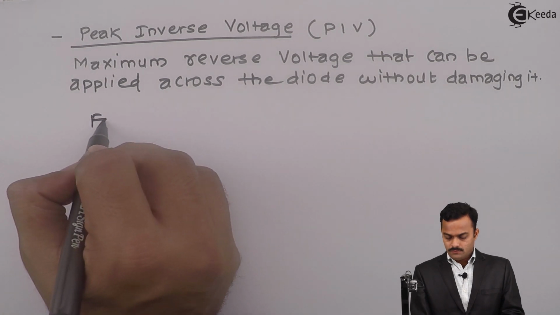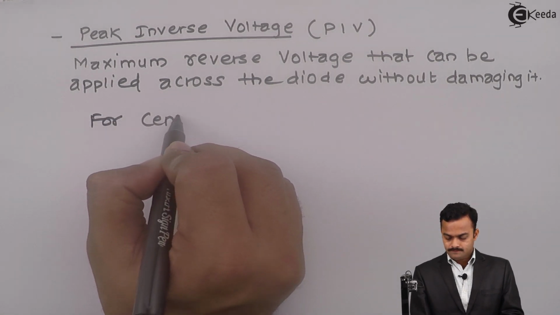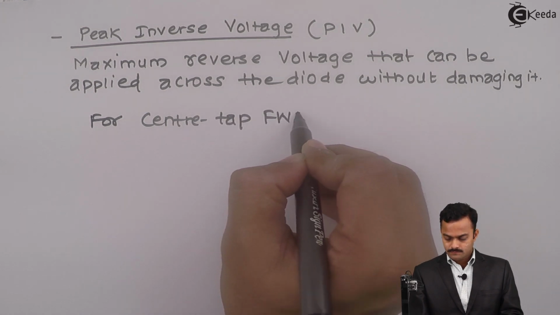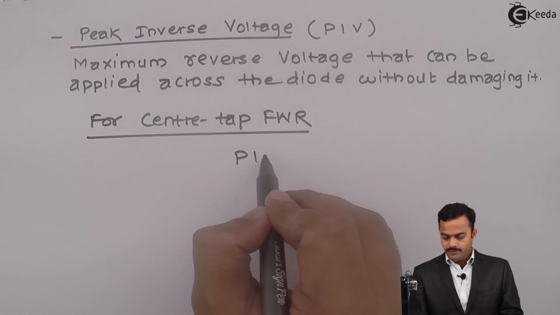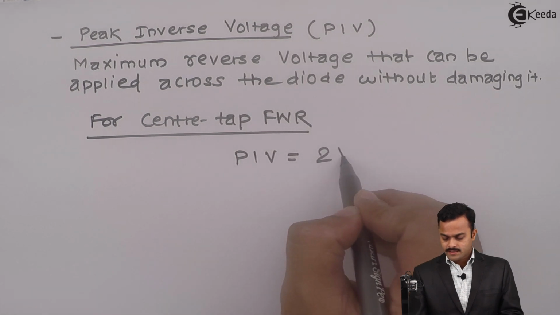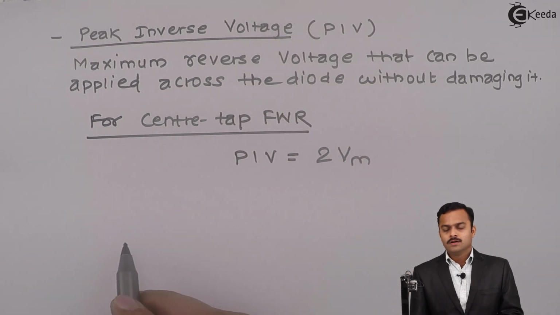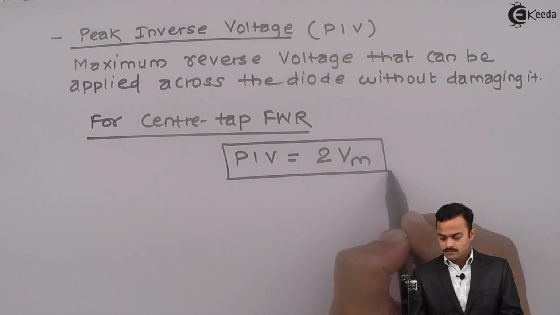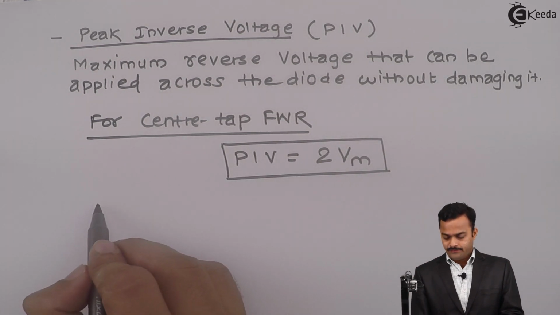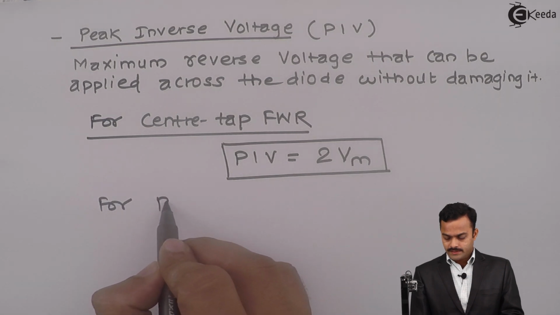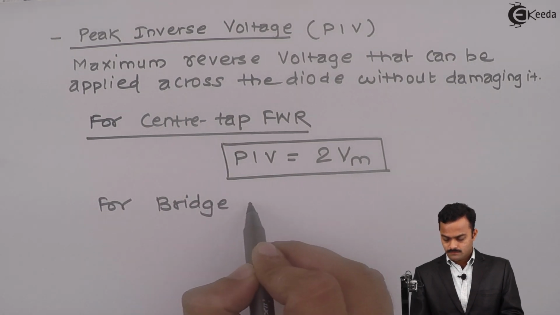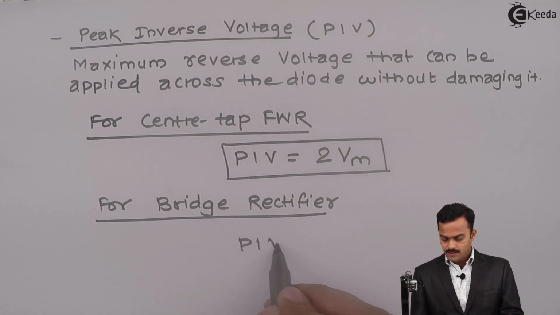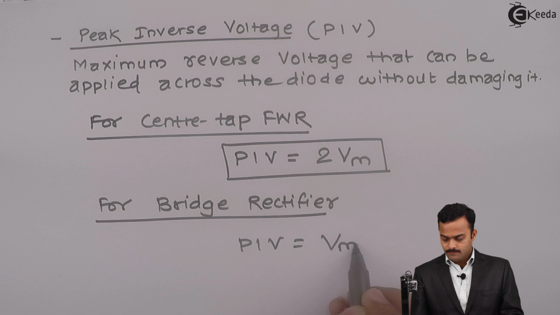So, for center tap full wave rectifier, PIV is twice Vm, 2 times the maximum voltage of the supply, and for bridge rectifier PIV is Vm.